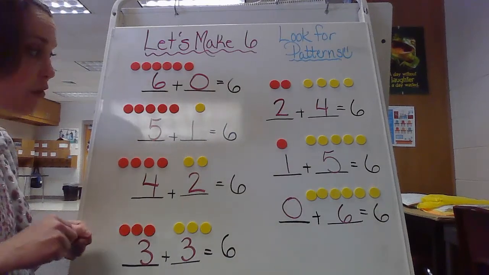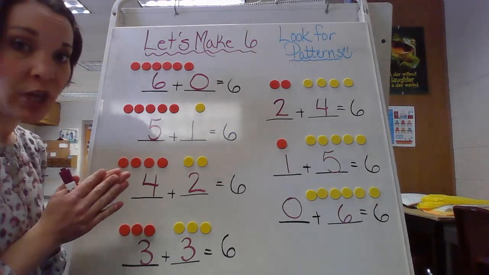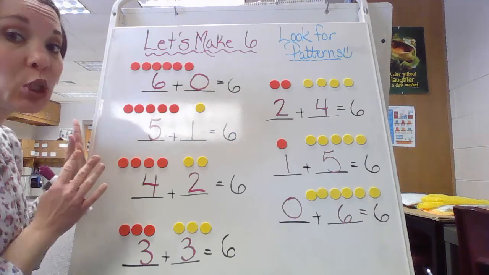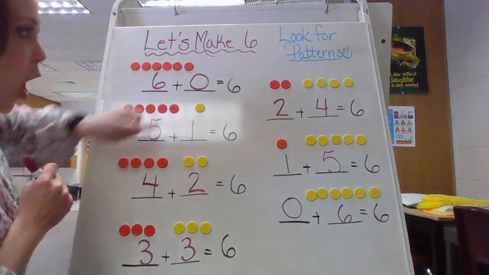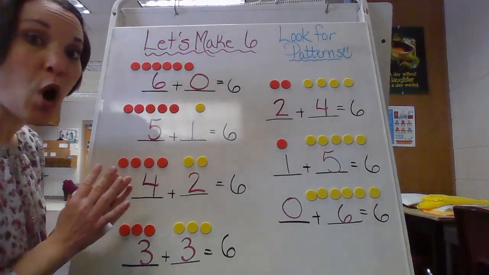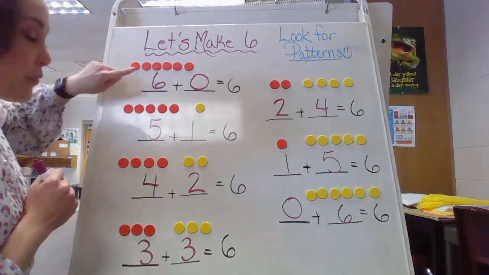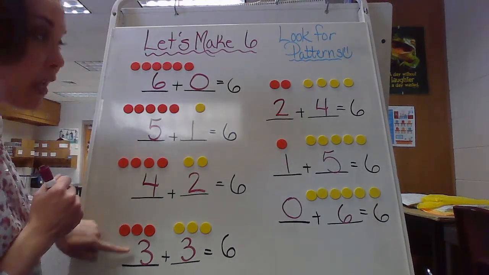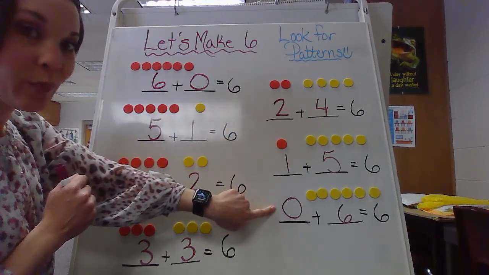So we have everything set up here. So now, here's the big question. Where are the patterns? So let's take a look at our reds. As you can see, my reds were always going to be my starter number. So let's see how those starter numbers are counted. 6, 5, 4, 3, 2, 1, 0.